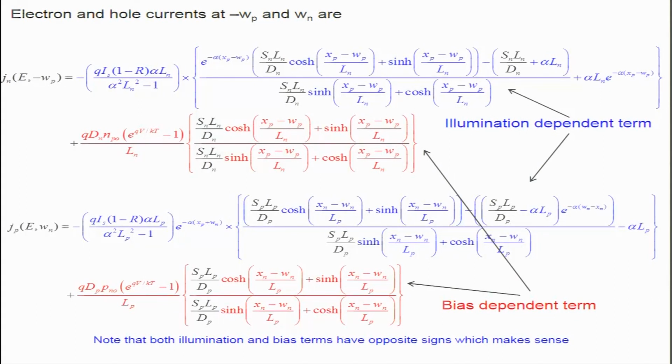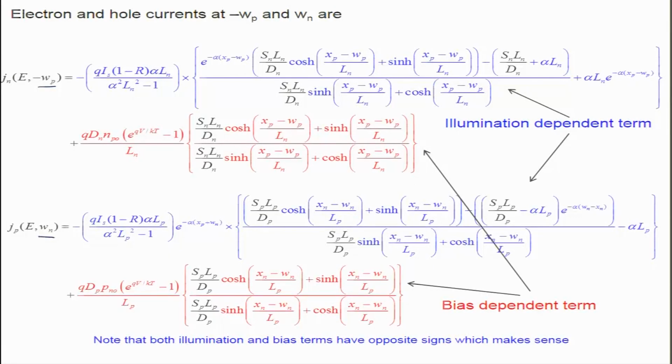What we get is the electron current at minus Wp and the hole current at plus Wn. So when we look at total current, hole current is calculated at plus Wn, electron current is calculated at minus Wp, and then there is another current, the SCR current, which we will take at the end.